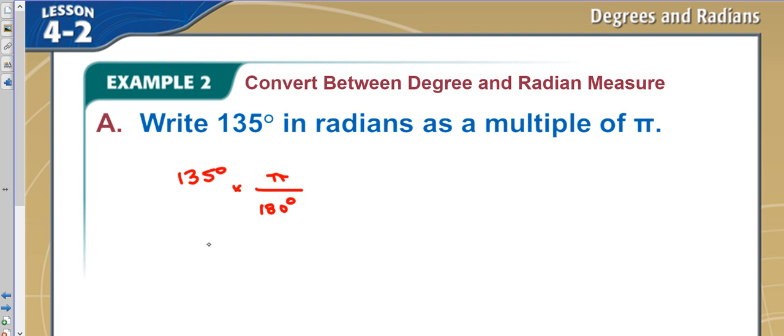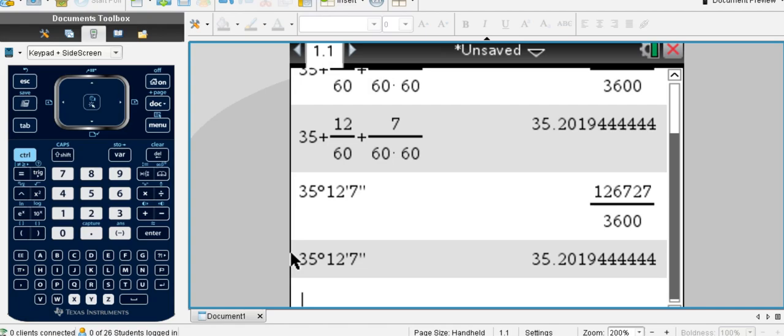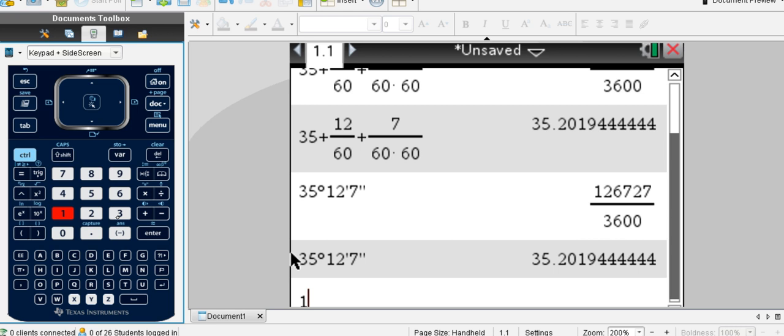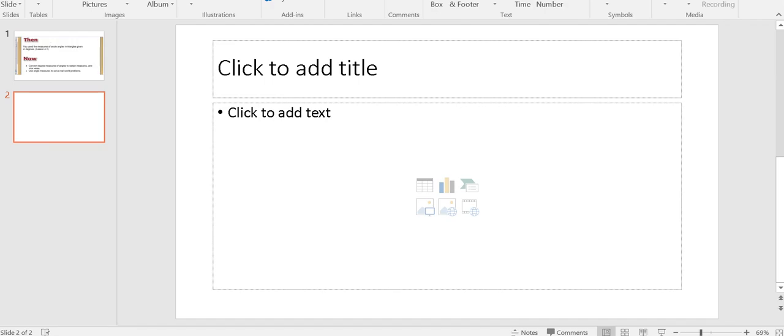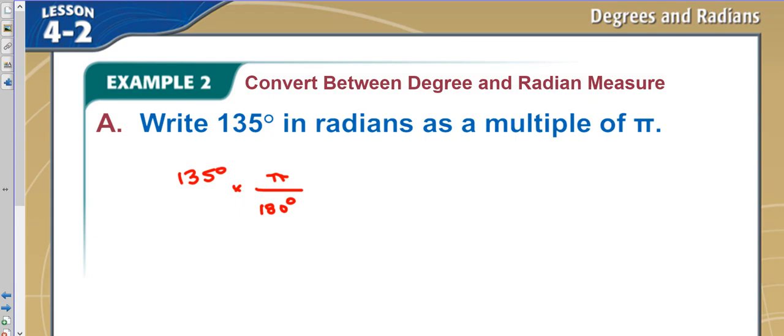I'm going to go in the calculator and type 135 and divide that by 180, and I get 3/4. That means when I multiply, I have 3 pi over 4. I didn't type the pi in the calculator, I'm just going to leave it. And that is what it is in radians: 3 pi over 4.